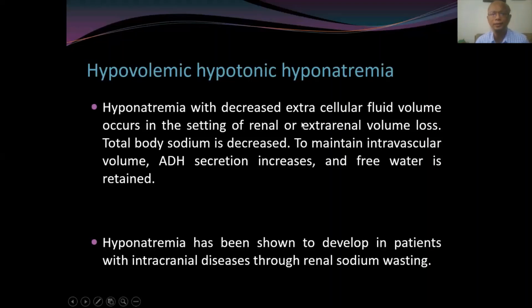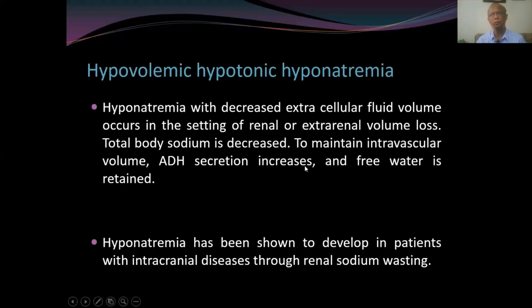Hyponatremia with decreased extracellular fluid volume occurs in the settings of renal or extracellular volume loss. Total body sodium is decreased. To maintain intravascular volume, ADH, antidiuretic hormone secretion, increases and free water is retained. Hyponatremia has been shown to develop in patients with intracranial disease through renal sodium wasting.